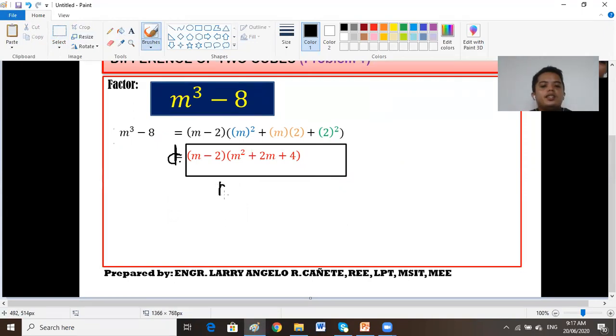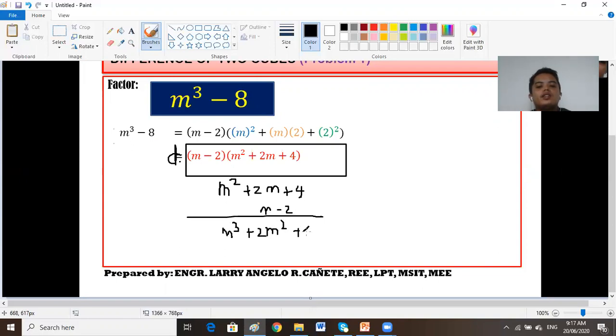So m squared plus 2m plus 4, times m minus 2. So you multiply here, m times m, that is m cubed. m times 2m is 2m squared. And m times 4, that is 4m.